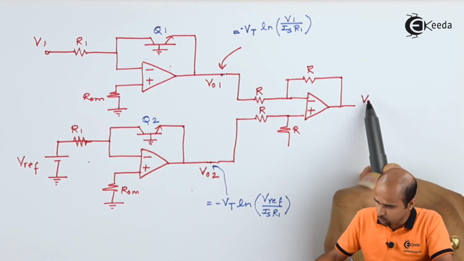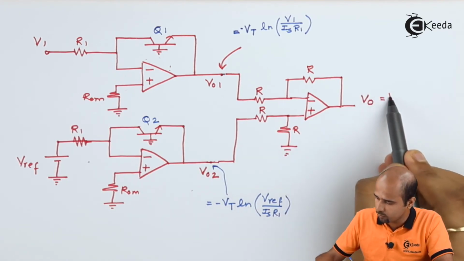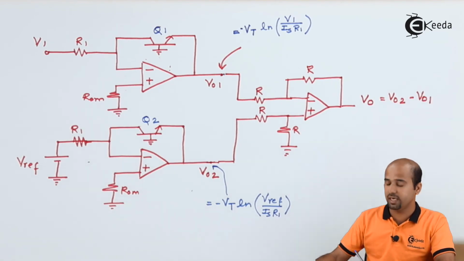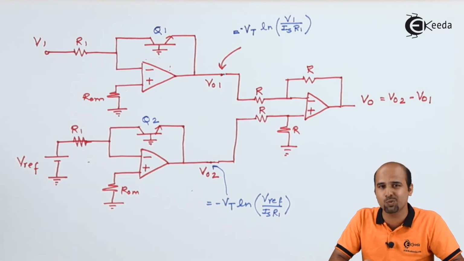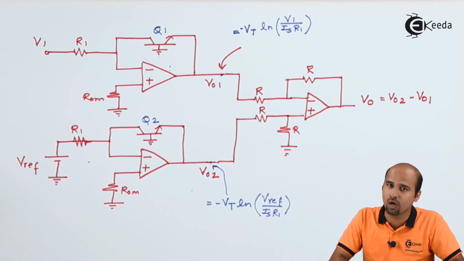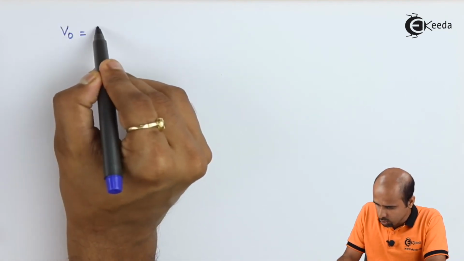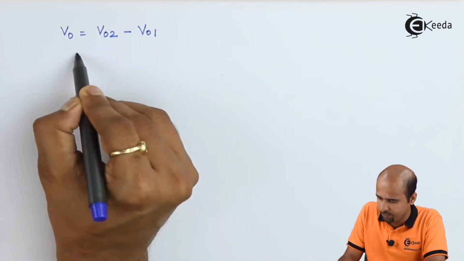So whatever value VO I will be getting, that will be in the form of VO2 minus VO1. Let's check whether VO2 minus VO1 is exactly the log function that we got earlier with the diode and single transistor amplifier. We will express VO equal to VO2 minus VO1.